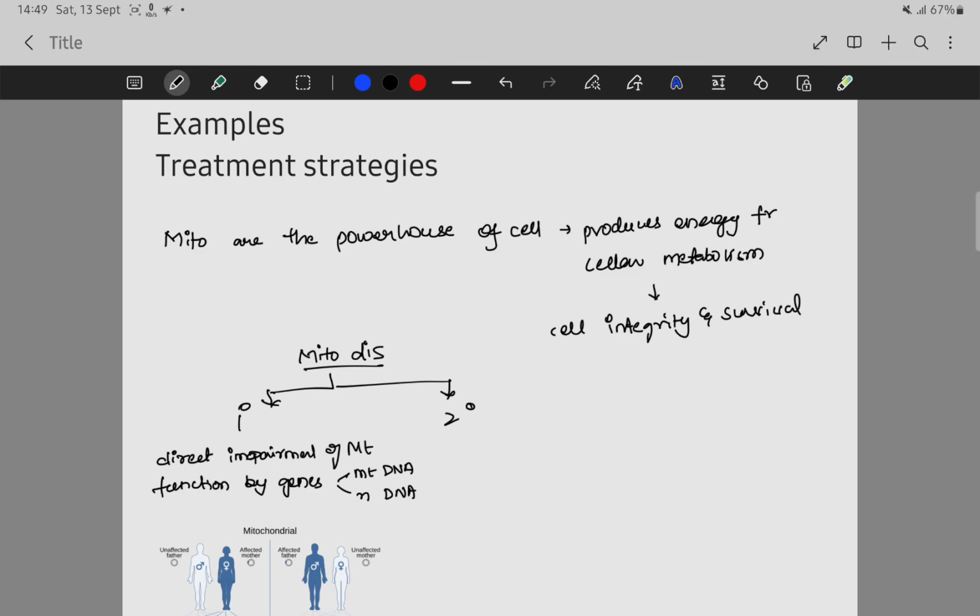The secondary mitochondrial disorders result from environmental factors or other genetic disorders which cause oxidative damage.